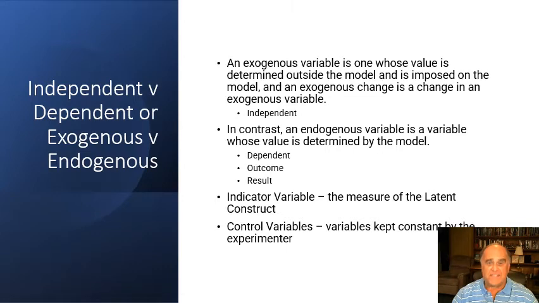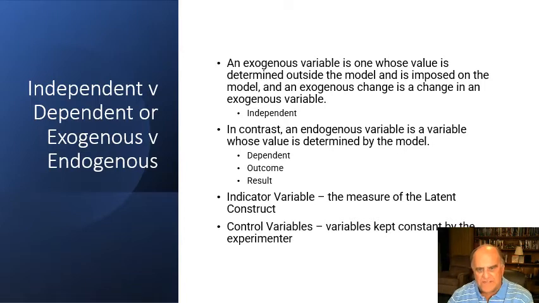An exogenous change is a change in an exogenous variable. And of course, as a researcher, I might vary it. But other than that, it's not impacted by other variables in the model. And this is basically, in more standard ANOVA terminology, our independent variable.